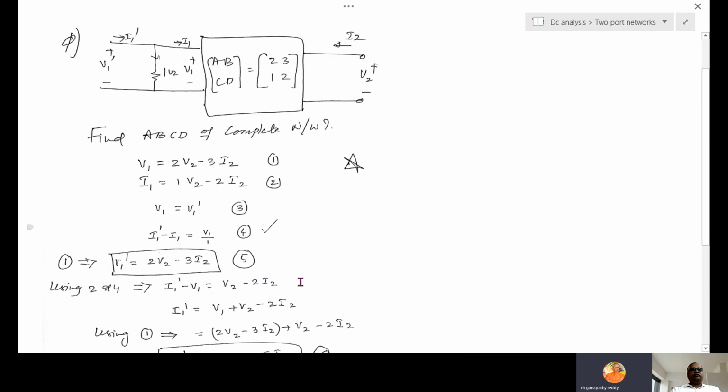This is one way of doing it. The other way is to draw this 1 ohm separately. This is V2, I2, 1 ohm, V1, I1.